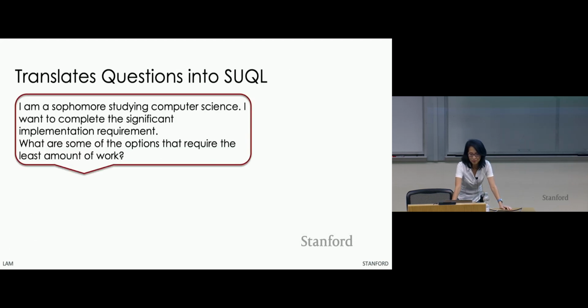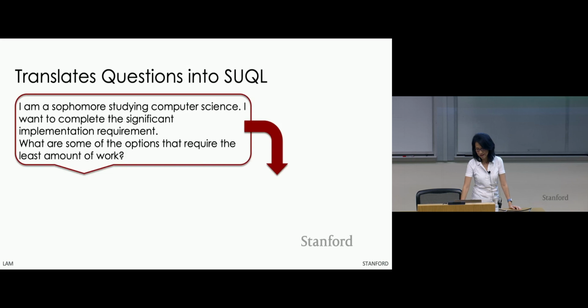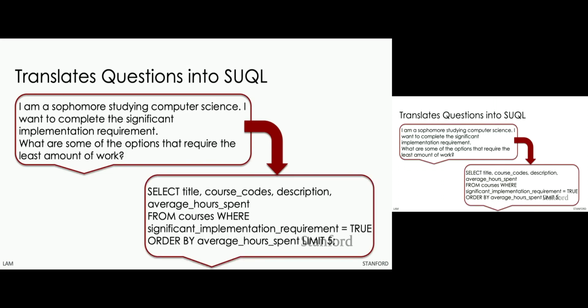So what does it do? For example, this question that you asked earlier is going to translate into this SQL sentence. You select the title, course codes, description, average hours spent. You first of all search among the courses database where the significant implementation requirement equals yes. And then you order by the average hours spent, and you take the top 5.